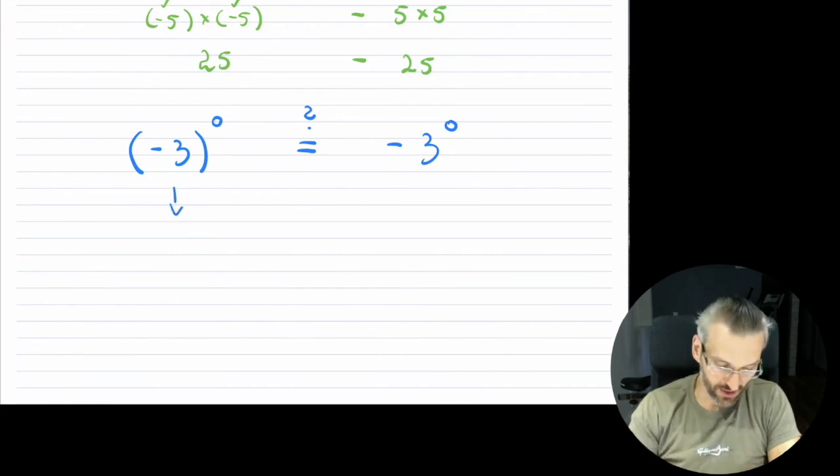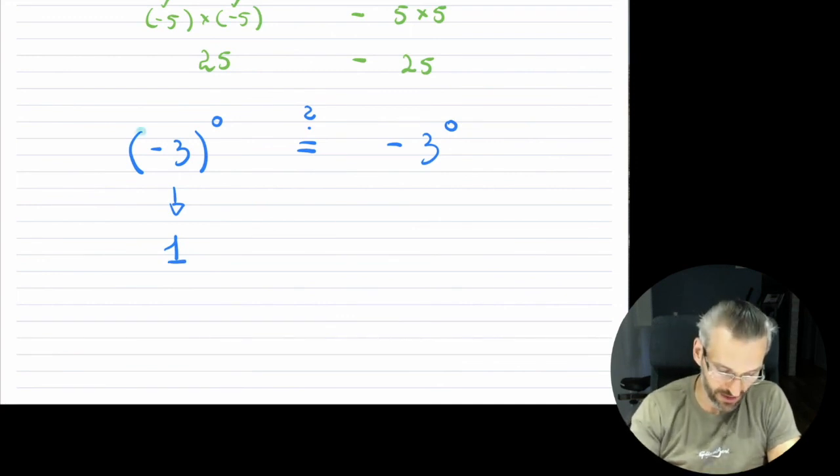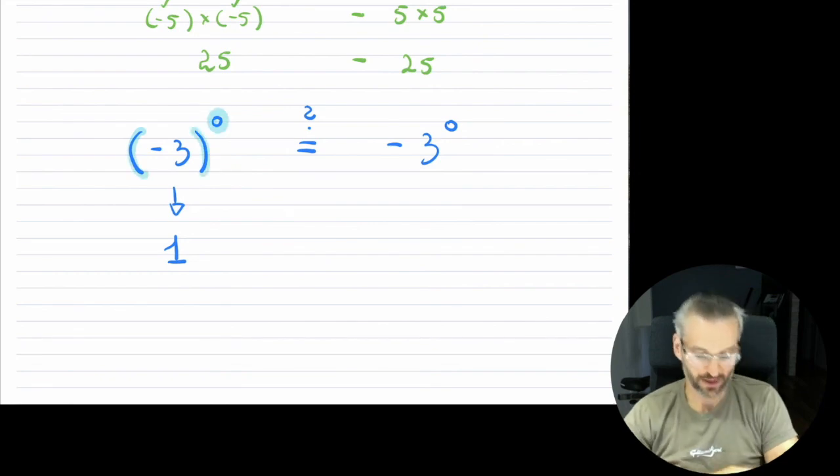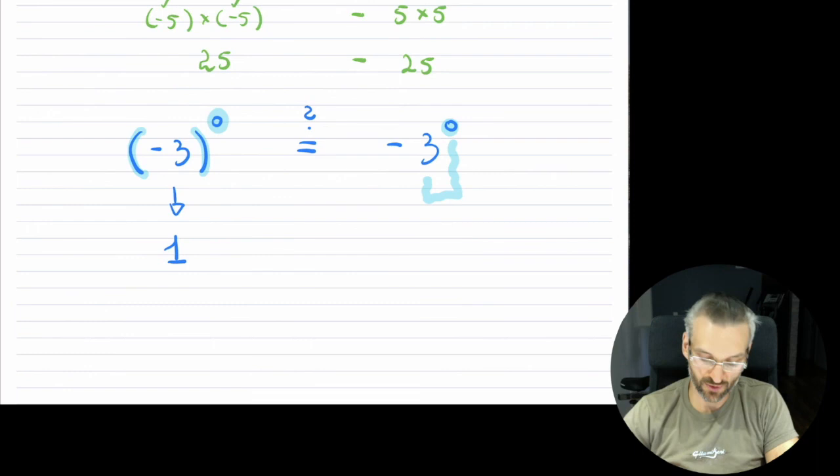So this is actually equal to 1, because if you take any number in brackets and you raise it to the power of 0, the answer is 1, as we had shown, and you can rewind the video there. But here, this 0 only applies to the 3. So here, be careful. 3 to the 0 is 1, but this negative will stay in front.